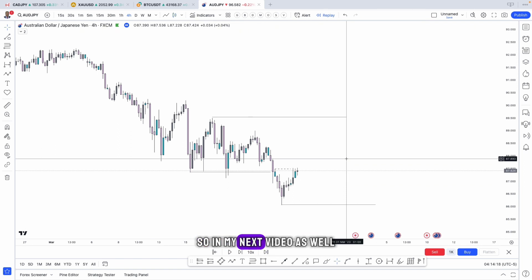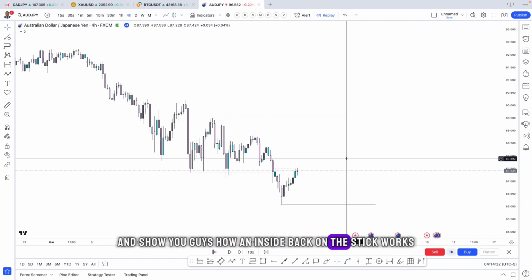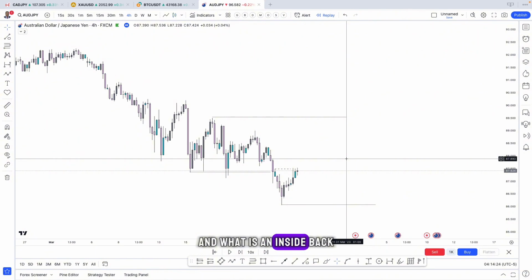In my next video as well, I'm going to be showing you guys how an inside bar candlestick works and what an inside bar is. Because guys, trust me, this thing is very, very helpful. And I will show you how I use my inside bar as a target in the market.